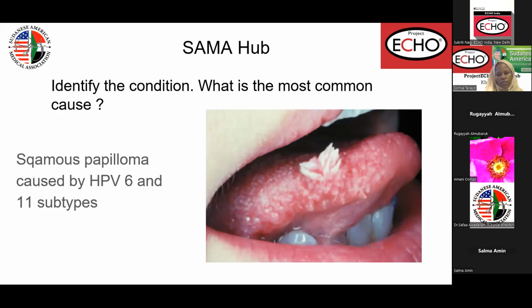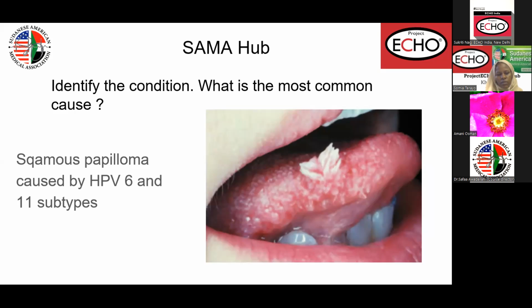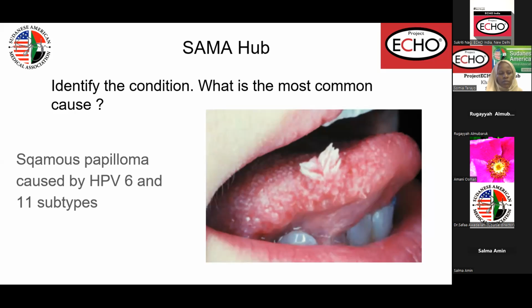In fact, only 11, because it's only caused by 11, not by 6 and 11. 6 and 11 are the causes of condyloma acuminatum. This is very confusing for some, but human papillomavirus causes many problems in the oral cavity, and it contains so many subtypes, but 11 is the cause of squamous papilloma.